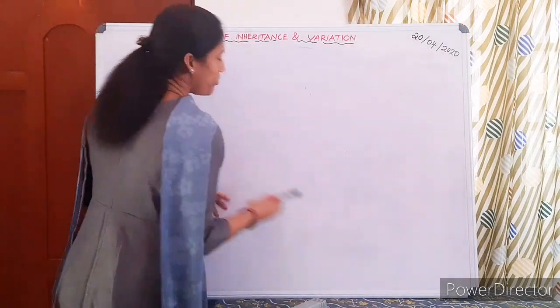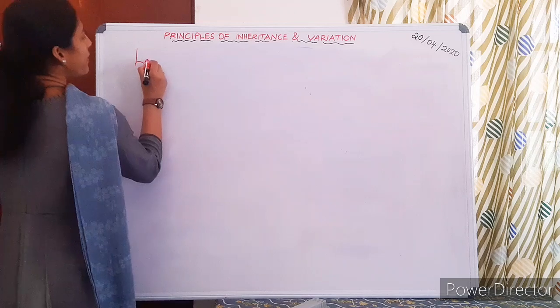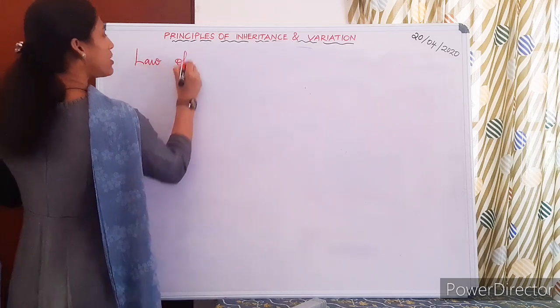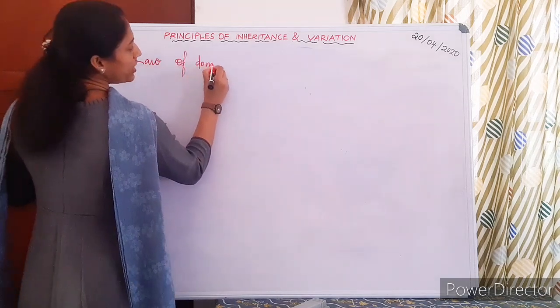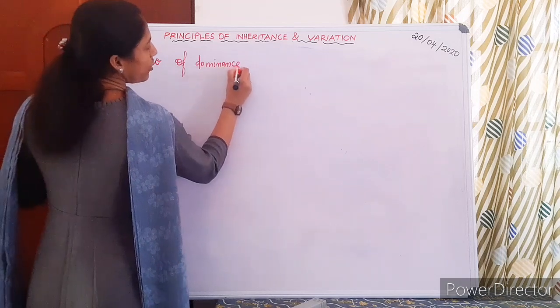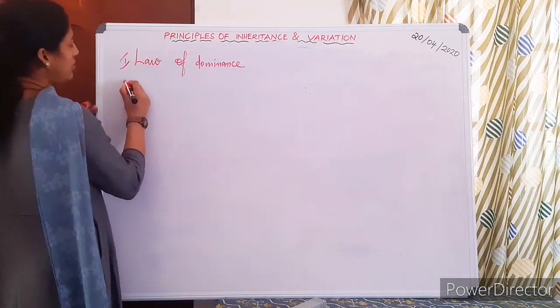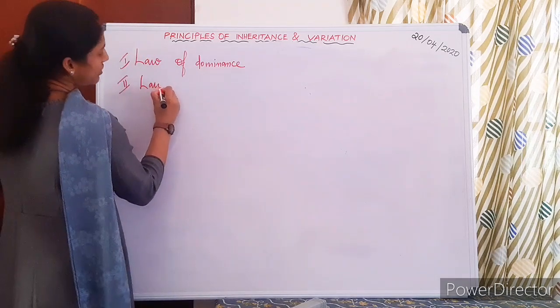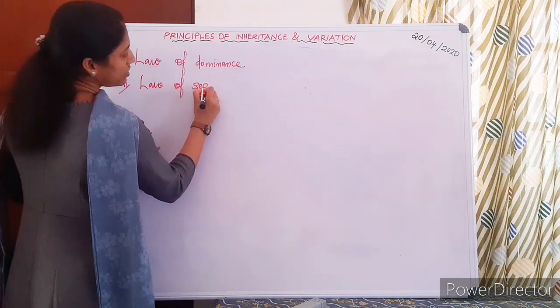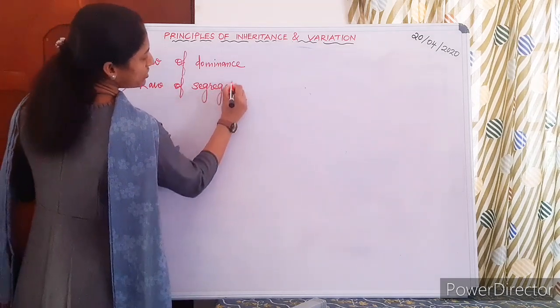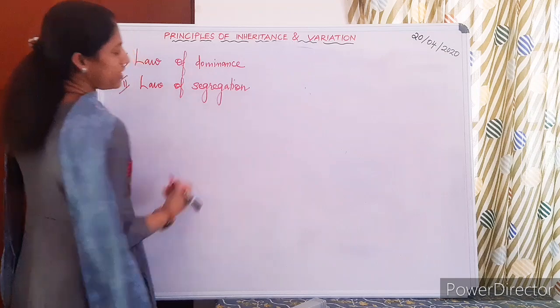The first law is the law of dominance. The second law is the law of segregation, which relates to gamete formation and what happens to the allelic pair.